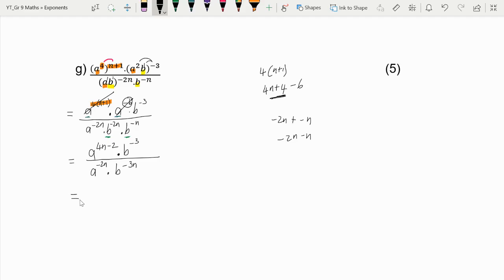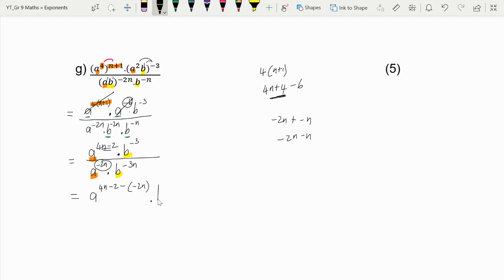Okay, we're almost there. Now we are dividing, and we've got bases that are the same. So when we are dividing and our bases are the same, we are going to subtract our exponents. Let's do that carefully. Our base stays the same. The exponent at the top, subtract the exponent at the bottom. So we are subtracting something that's already negative.